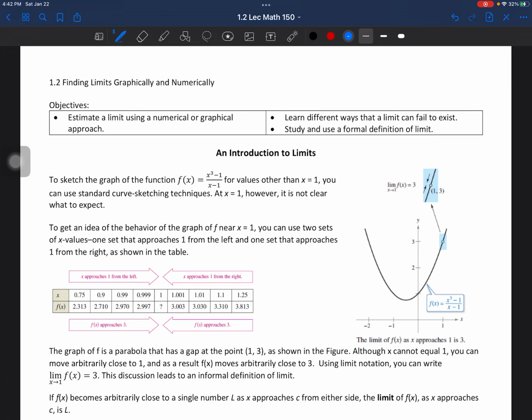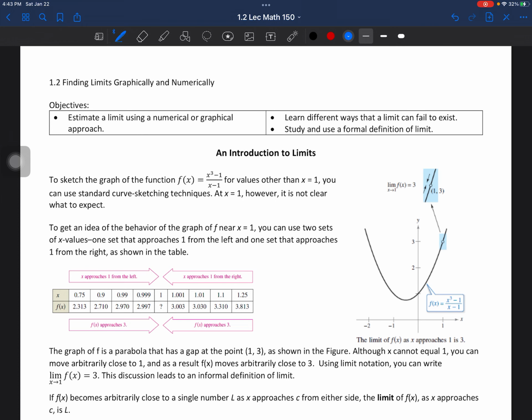So first of all, let's jump in. Let's introduce the definition of a limit. The limit definition is very analytical. It's a definition that is very close to the way the language is used in calculus.